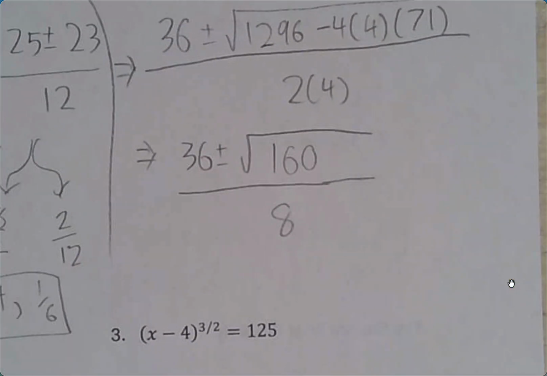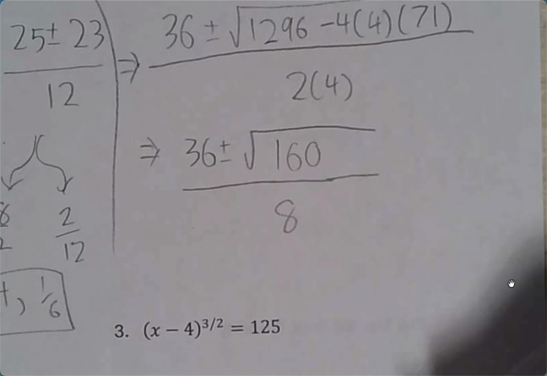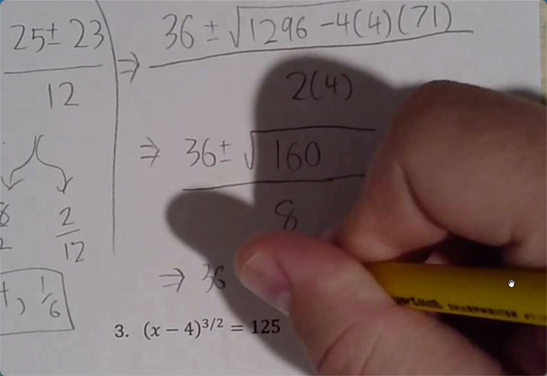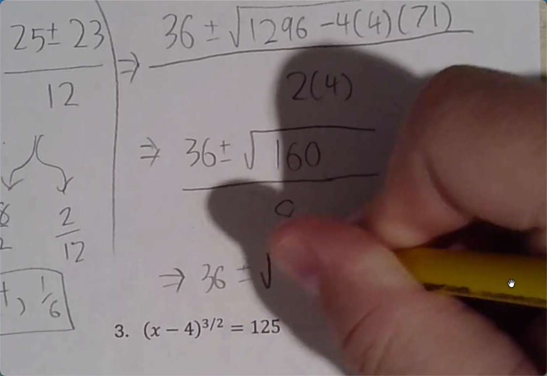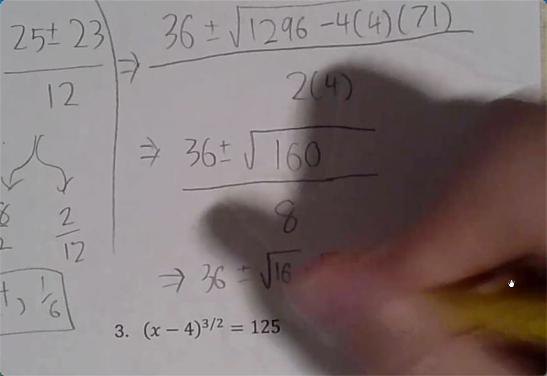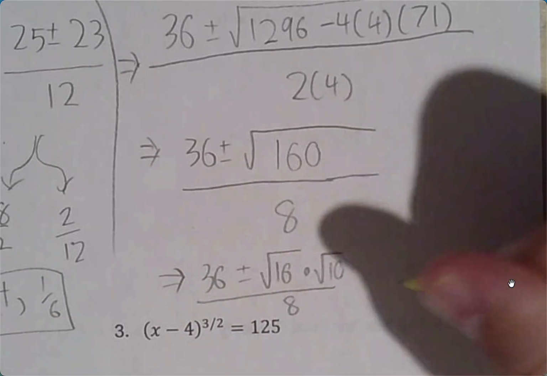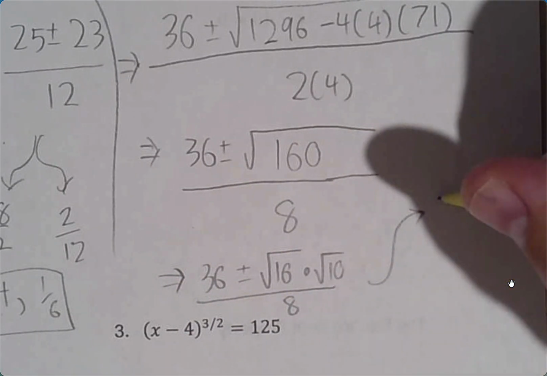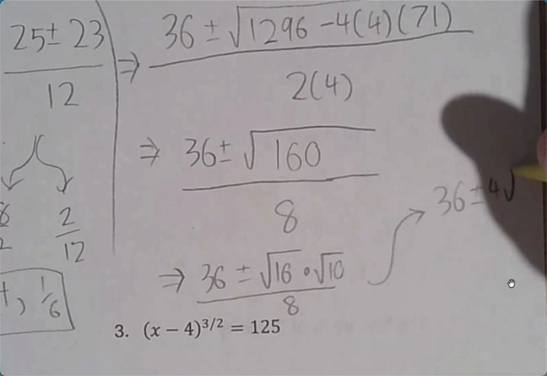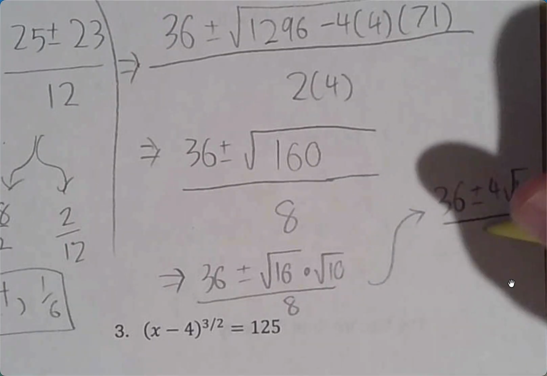Okay, now root 160. Well, when I look at 160, here's what that screams out to me. It screams out 16 and 10. So it looks like this could be 36 plus or minus 4 root 10 over 8.